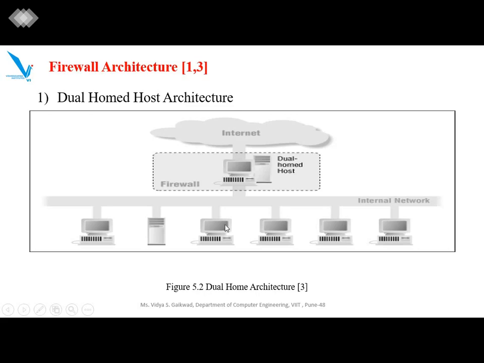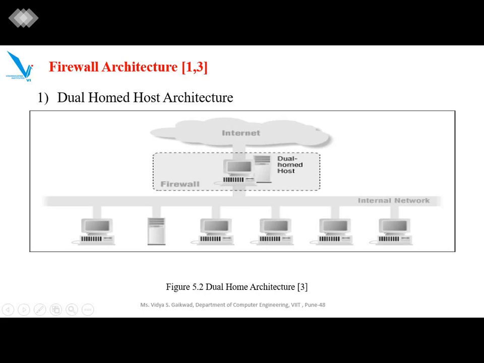Systems inside the firewall, that is internal network, can communicate with this dual home host via one interface, and systems outside the firewall, that is on the internet, can communicate with this dual home host via another interface, right? However, these systems cannot communicate directly with each other. This external world and internal world cannot communicate with each other.